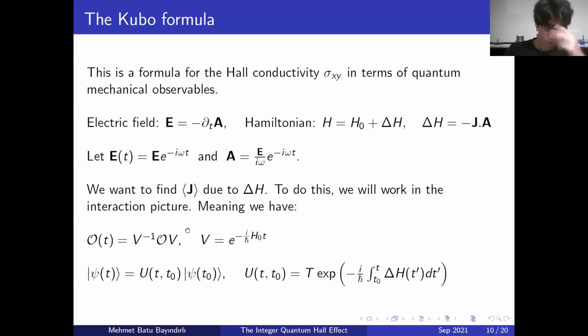To do this, we'll work in the interaction picture of quantum mechanics, which states that any operator evolves in time with this equation, and any wave function is also evolving in time according to this equation. But these are not very important.